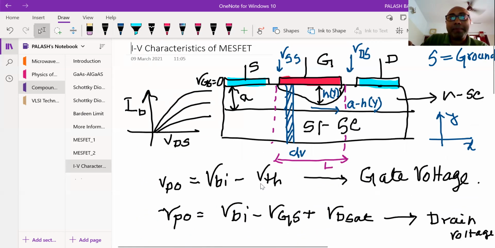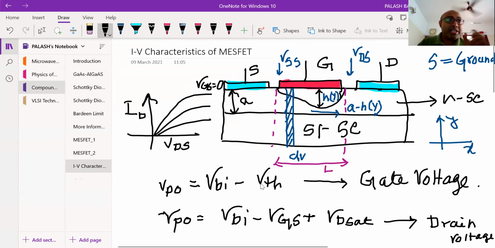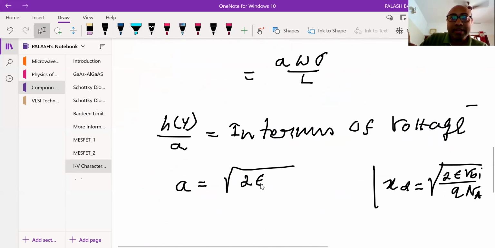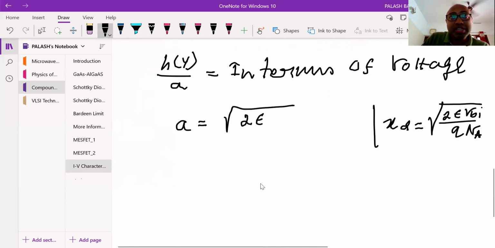I can represent VBI as the pinch-off voltage. When we achieve pinch-off voltage, it means we close the whole channel, so we can write it as Vp0, into QNa.